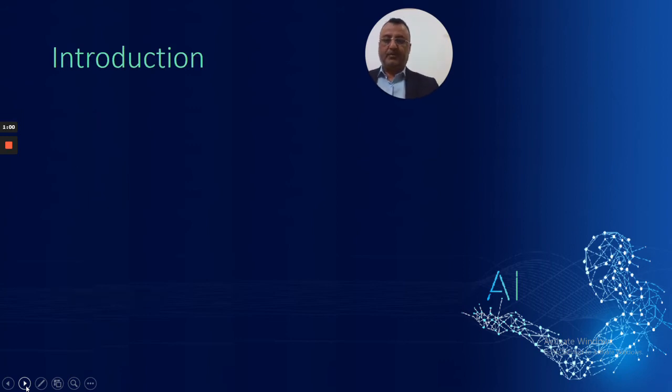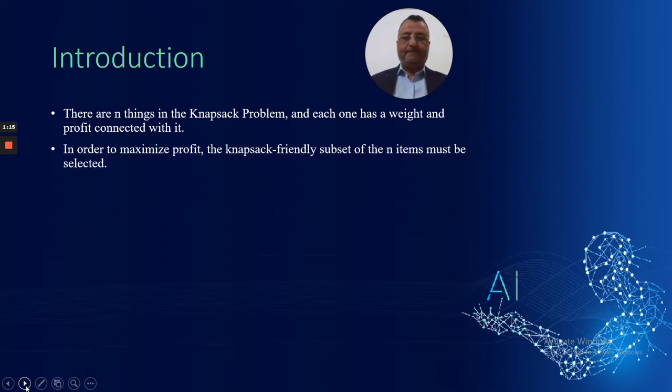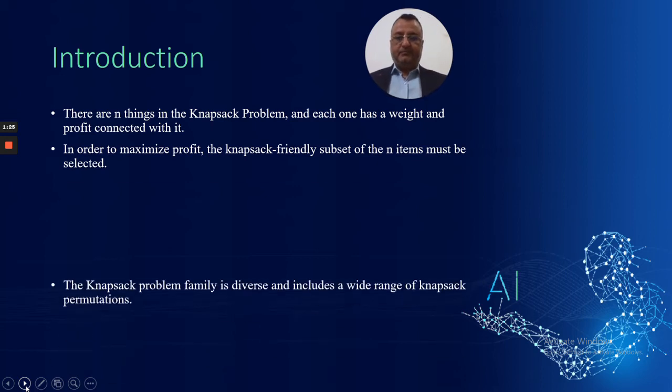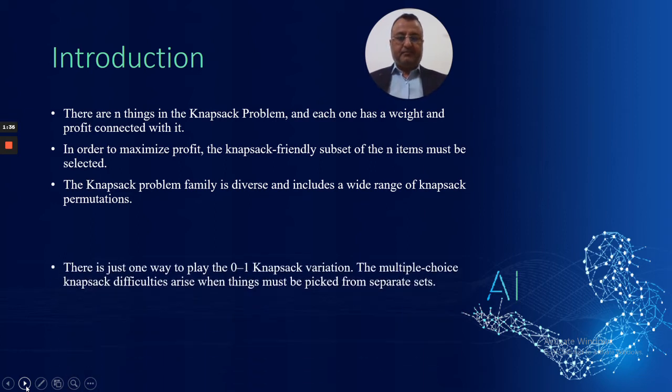Introduction. There are n things in the knapsack problem, and each one has a weight and profit connected with it. In order to maximize profit, the knapsack-friendly subset of the n items must be selected. The knapsack problem family is diverse and includes a wide range of knapsack permutations.